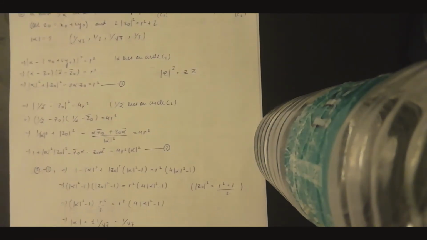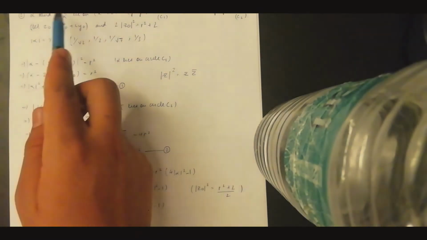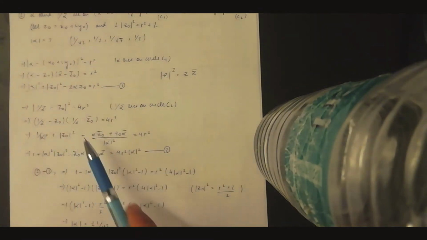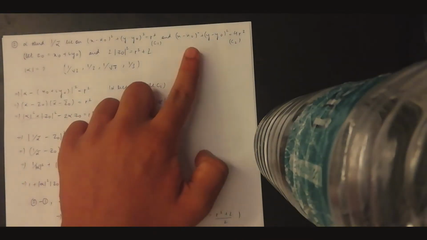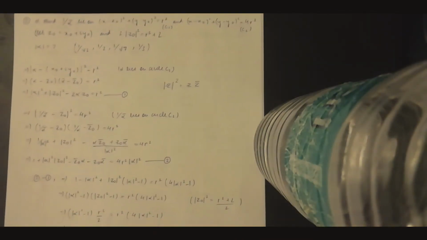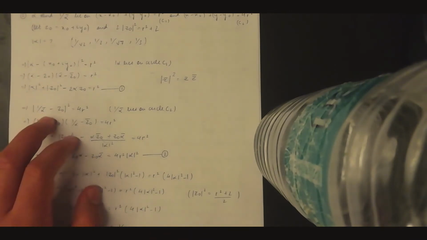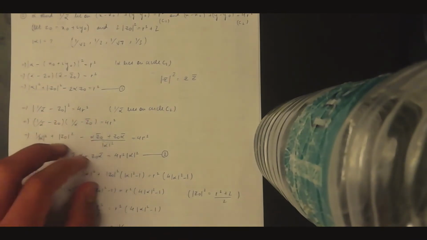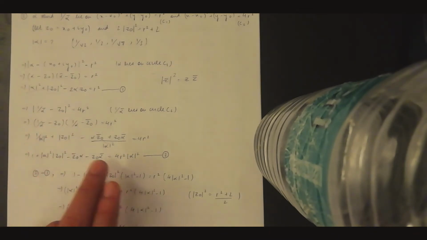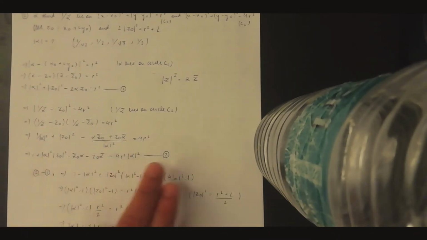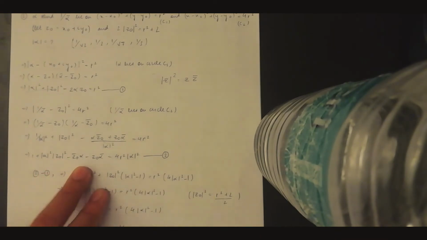Now we know that 1 by alpha conjugate lies on the second circle C2, right? So therefore we get this expression, right? We again open the brackets and we get this equation, right?